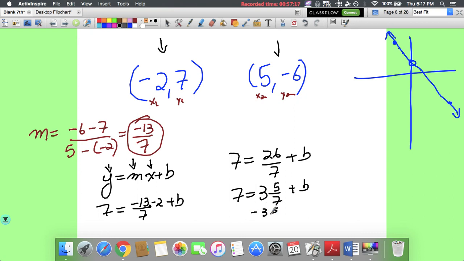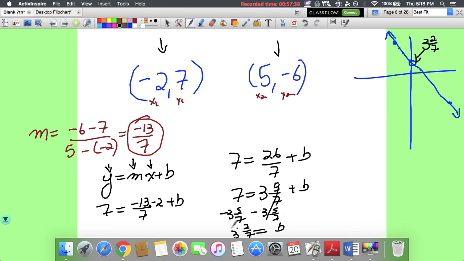And if I subtract 3 and 5/7 on this side, then I subtract it on this side, I'm going to get that b is 3 and 2/7, positive. So this point right here, my y-intercept, is the point 3 and 2/7.